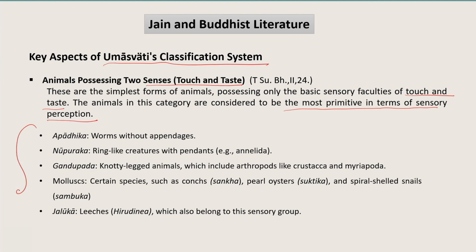Let us see the different categories. That is Apadhika, worms without appendages; Nupuraka, ring-like creatures with pendants, for example Annelida; Gandupada, knotty-legged animals which include arthropods like Crustacea and Myriapoda; molluscs, certain species such as conch, shakha, pearl oysters, suktika, and spiral-shelled snails, sambuca.